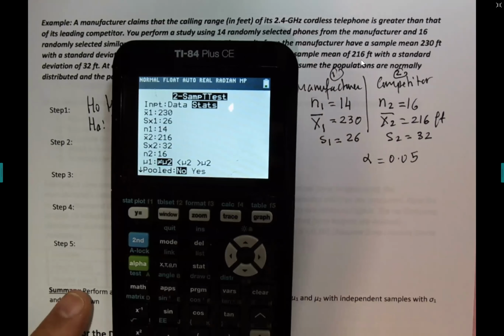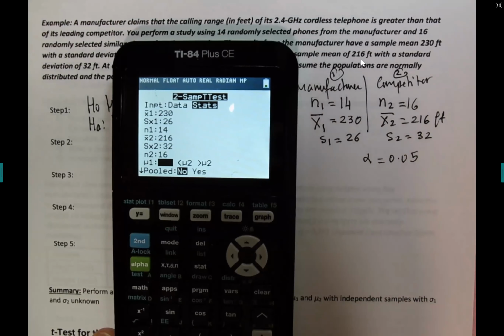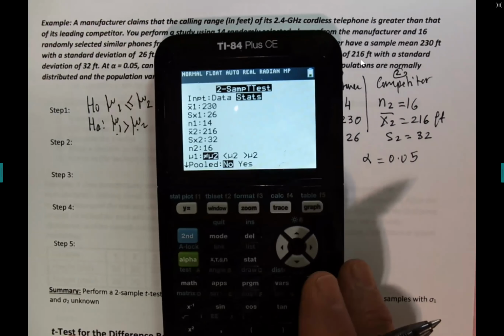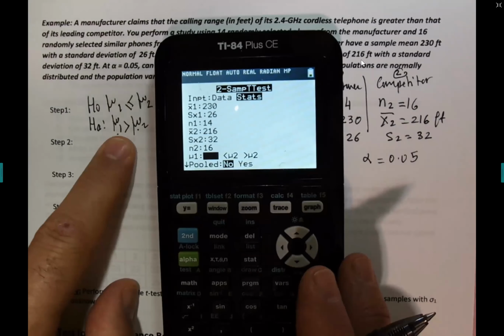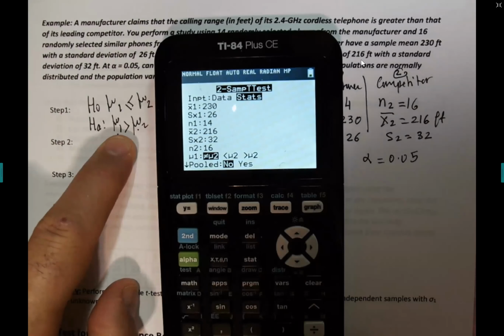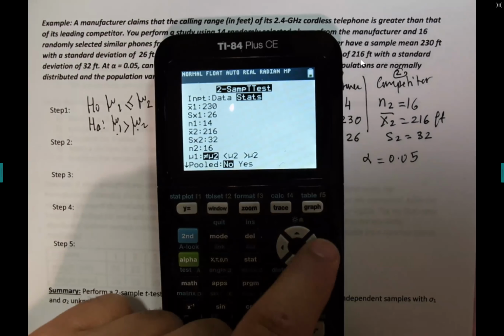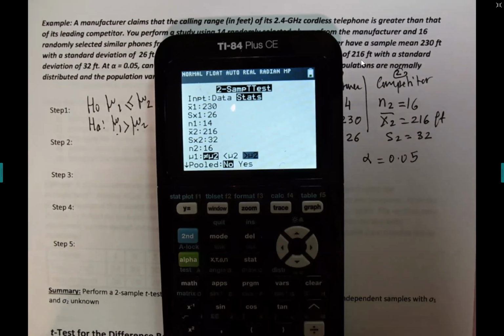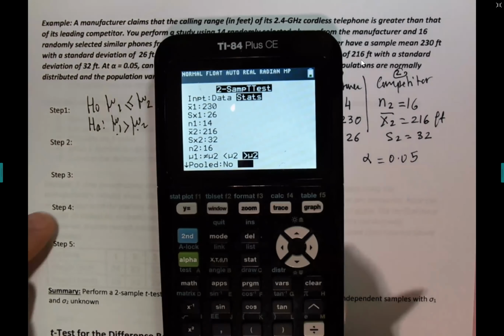And now the alternative sign, guys, just be very careful. Here it is, greater than. Again, before you hit calculate, you choose the sign from the alternative hypothesis. So that's a greater. And then you agree with me, we have to choose yes for pool because it says population variances are equal.